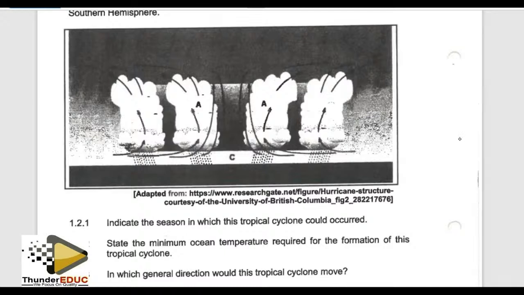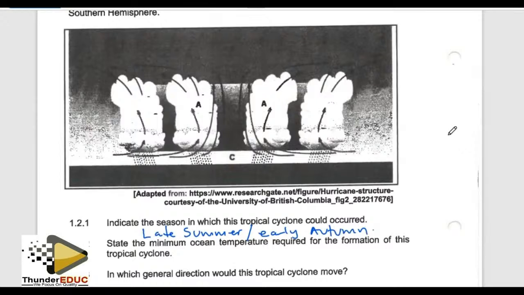We know that tropical cyclones usually develop in late summer. That is when temperatures are very high. We could say late summer or early autumn. This is when temperatures are very high, resulting in the development of a low pressure.